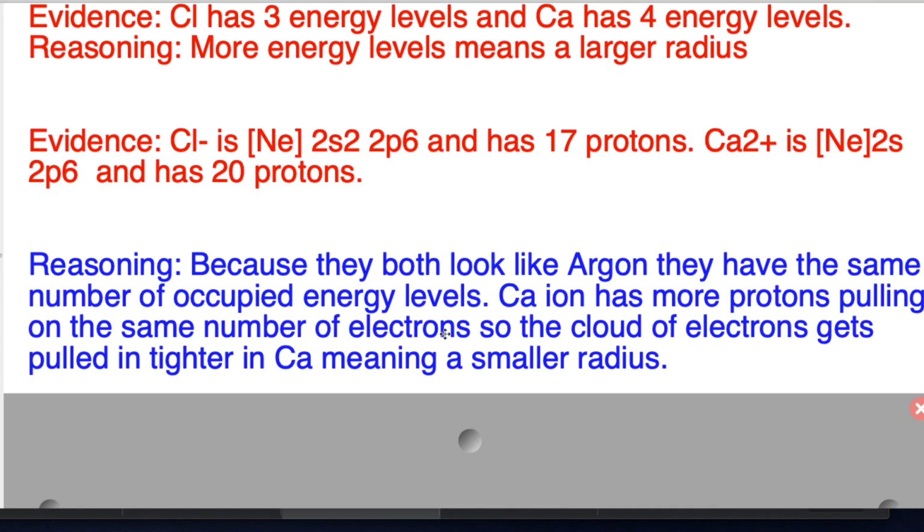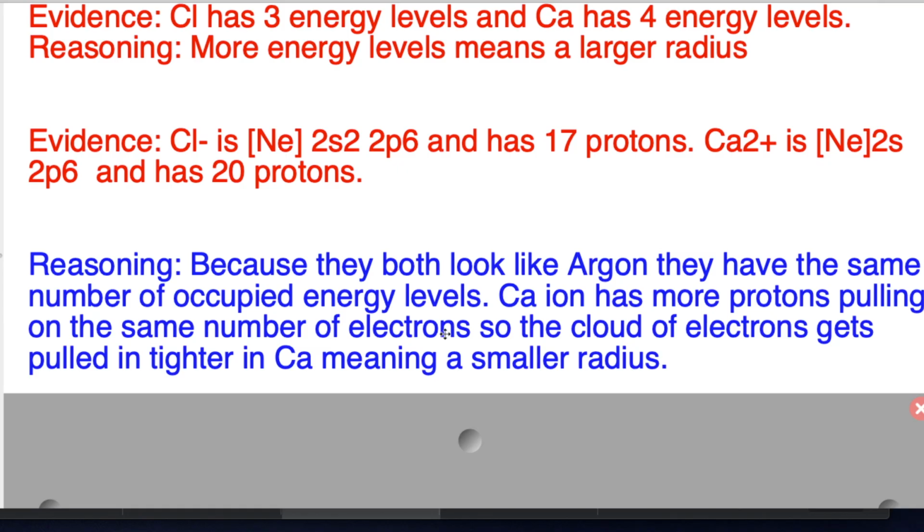Good so far. Calcium ion has more protons, which is true. We see that in the evidence, pulling on the same number of electrons. So the cloud of electrons gets pulled in tighter in calcium, meaning a smaller radius. It rambles a little bit, but the student really understands that when you have the same number of layers of electrons, that's when you talk about the number of protons.